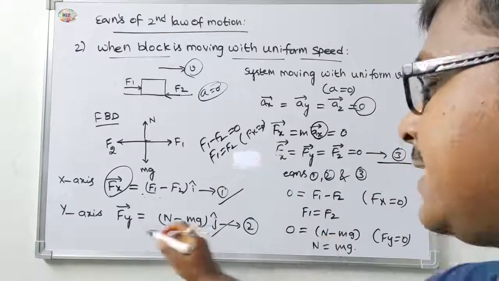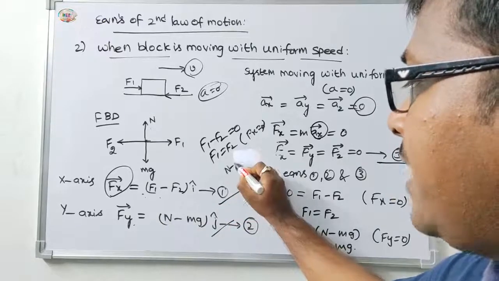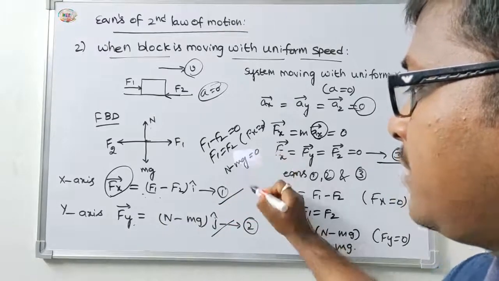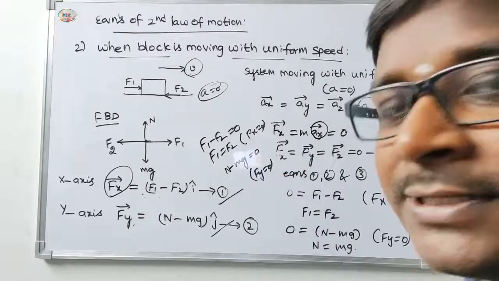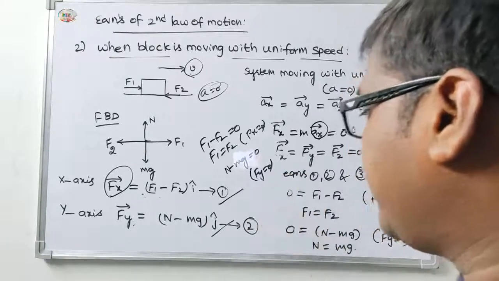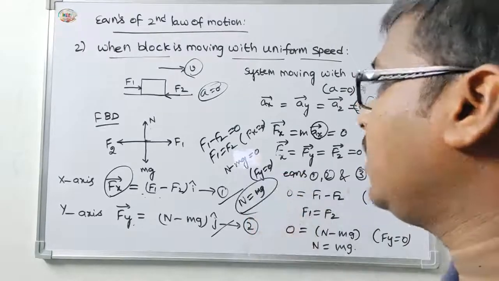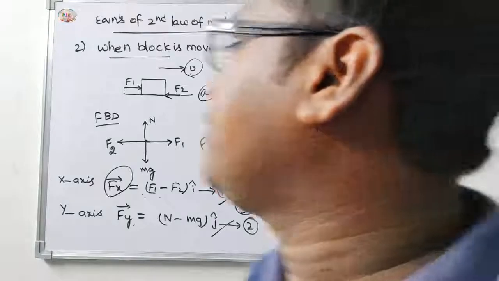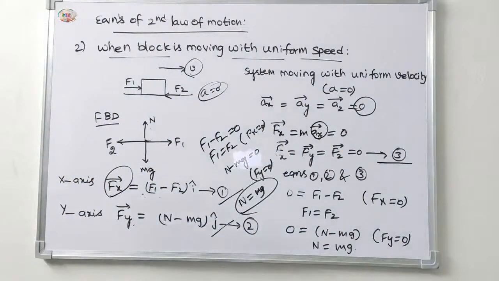Next, taking the second equation, Fy is equal to N minus mg. N minus mg is equal to 0, because Fy, the force acting along the y-axis, is 0. Then N is equal to mg. This is the second condition, when the block is moving with uniform speed.